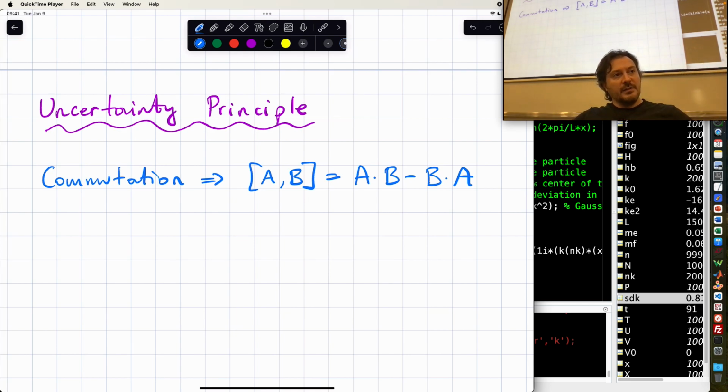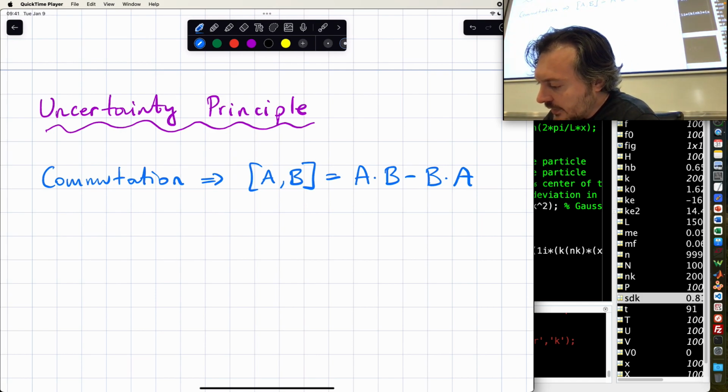And we started, if you remember, back in the days when we looked at matrices, we said that the fact that matrices not always have AB equals BA will be relevant later on. Now it is relevant. So the general way of looking at uncertainty is this.